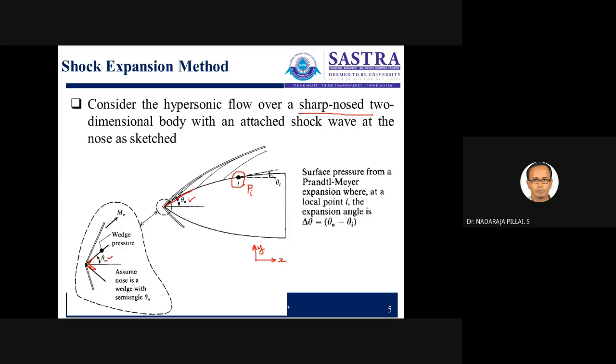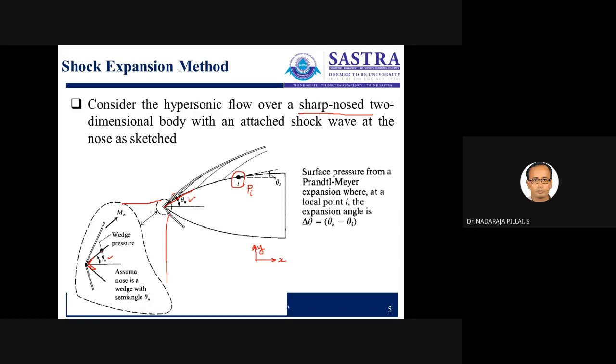Even though it is not a wedge when you consider the whole body, in our case we consider this as a wedge when we zoom in and look at this particular nose.